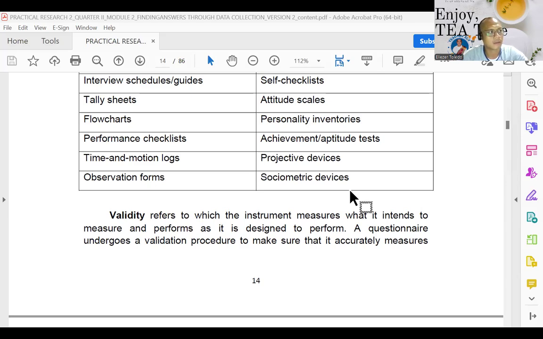Another, I want to check the weight of a child, but what I will use is a ruler. Is that the right instrument? Of course not. The ruler is not valid for measuring the weight of a child. What should be used? The weighing scale, of course. It should be the standard one, not just anything. I hope you got somehow the idea of validity. There are several types of validity. Please go through them.